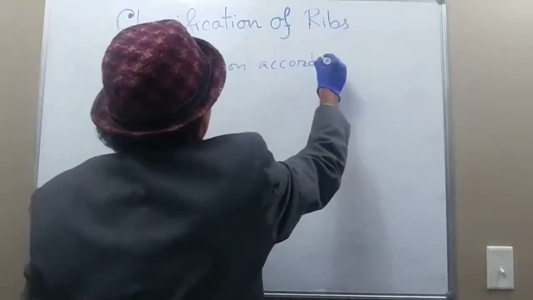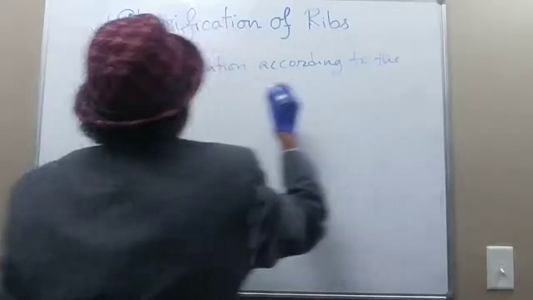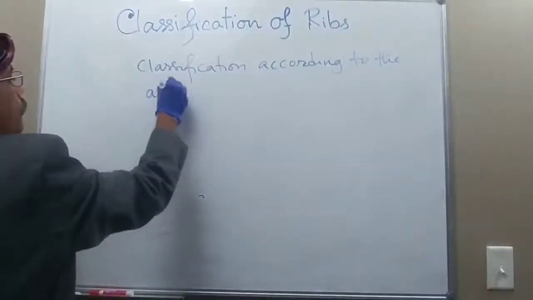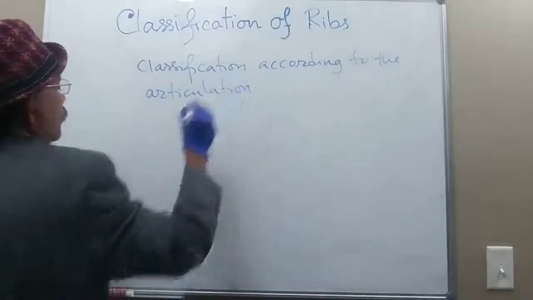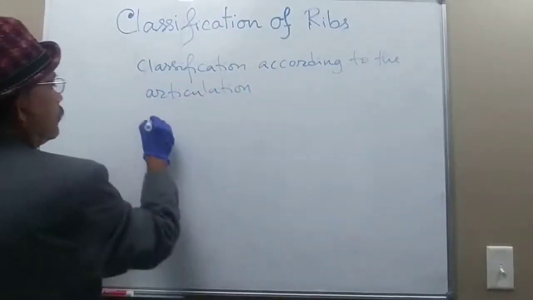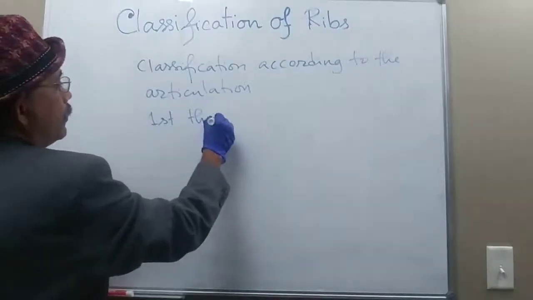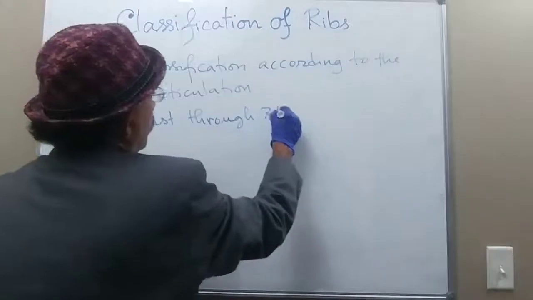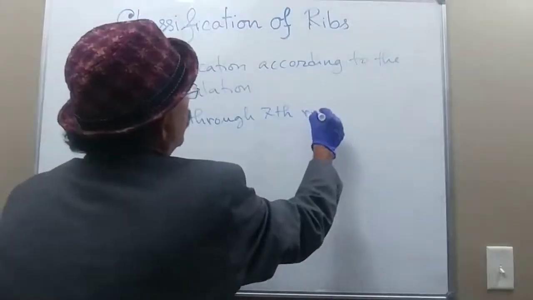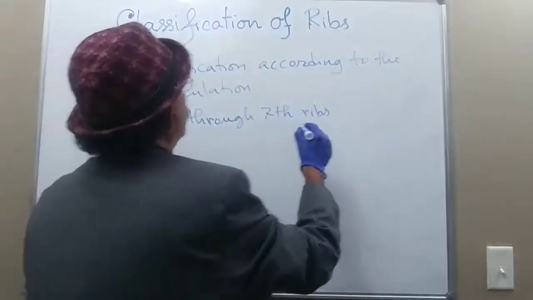So first through seventh rib, first, second, third, fourth, fifth, sixth, seventh ribs.